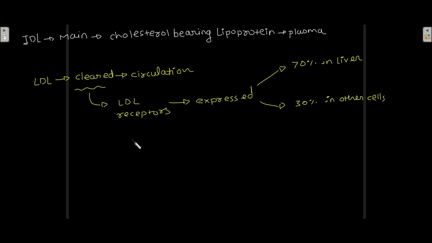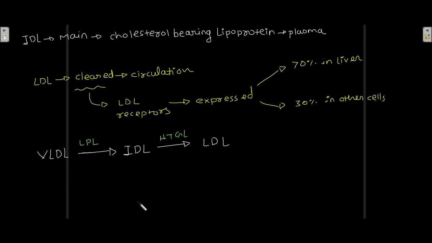LDL, that is low density lipoprotein, is cleared from circulation with the help of LDL receptors, which are expressed 70% in liver and 30% in other cells.